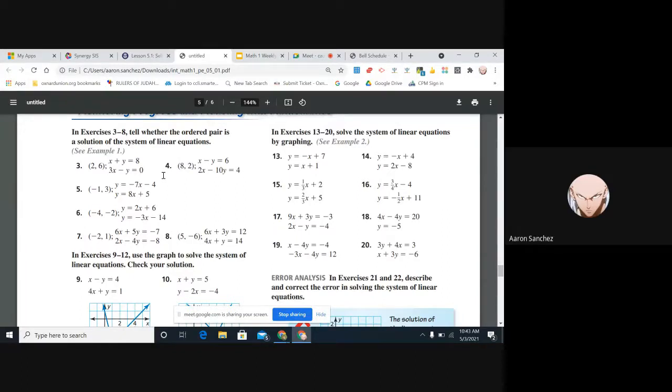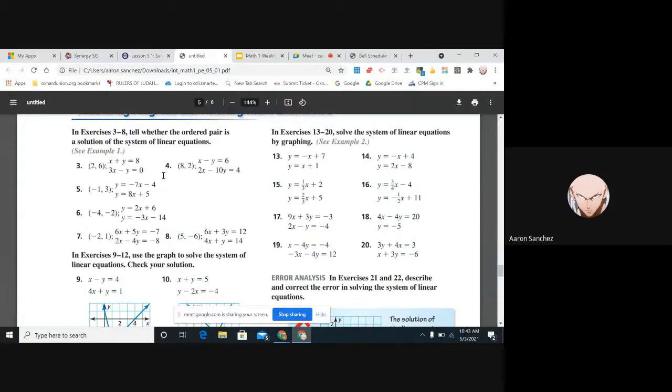Number 3, I'm writing it down, and then I'll turn on my camera. I might need a different color pen. I don't know if you can see this. Let me know if you can see these. Does x plus y equal 8?